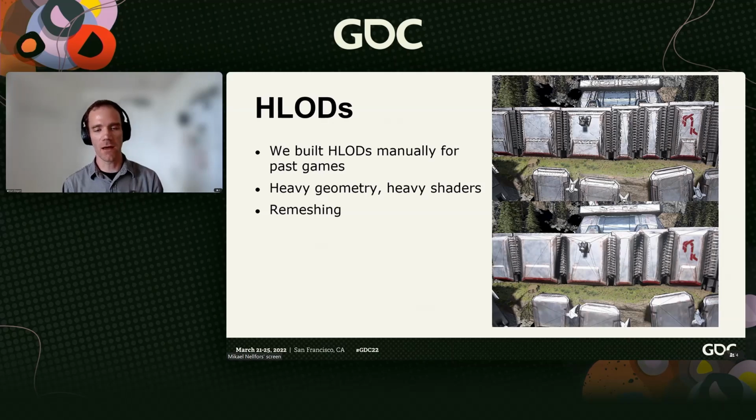We also tend to have pretty heavy geometry. In the top image here, you can see our LOD0 geometry. In particular, those repeating teeth are difficult to reduce with regular LOD methods. So we were attracted to the Simplygon remesher as a way to solve both of those problems.